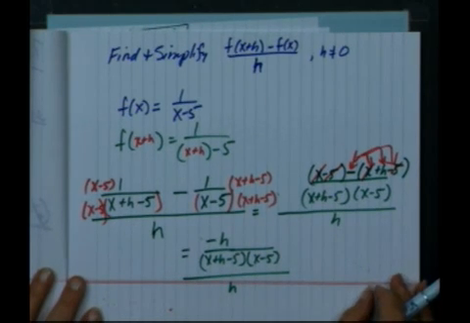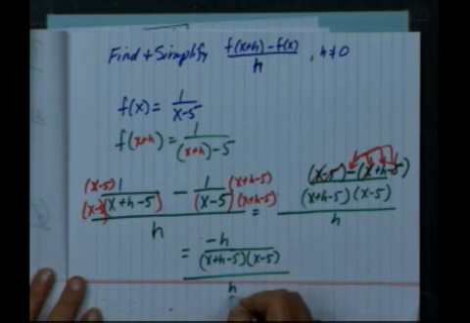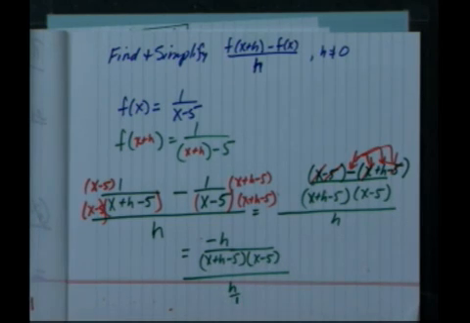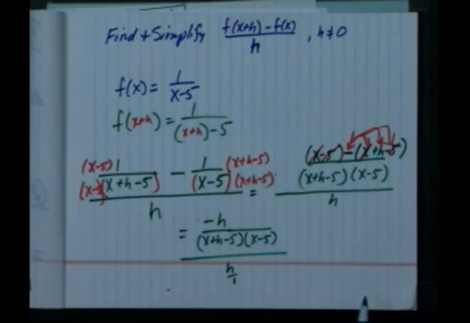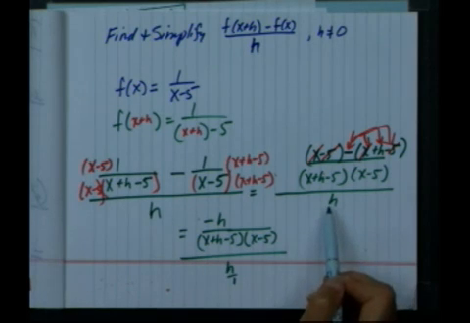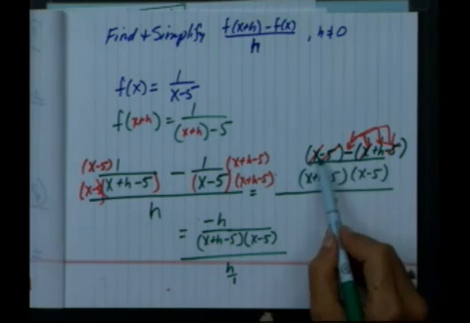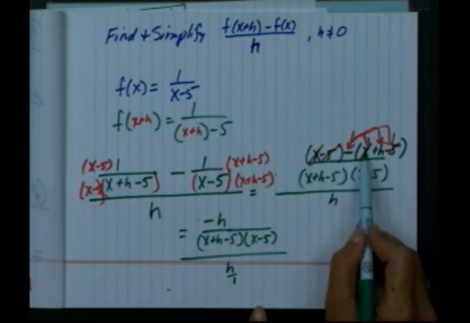Is everybody good? Down in the denominator, this is really like h over 1. So I have a single fraction divided by a single fraction. Do I see any confused looks here? Yes, what is it? That part? X, take away x is 0.